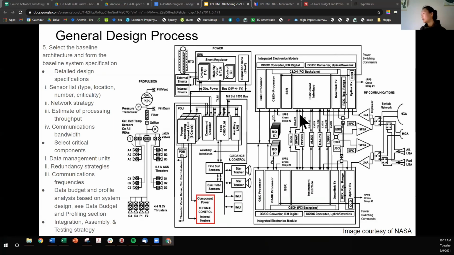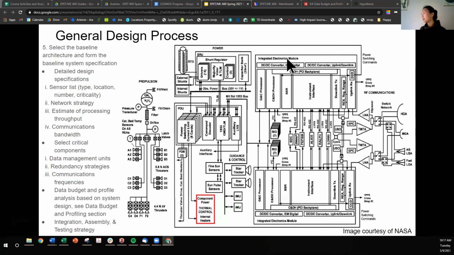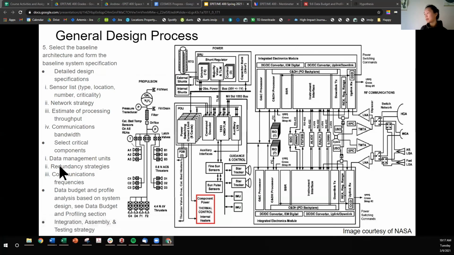There's going to be processors. There's going to be some interface with the communications subsystem, which is physically here. But yeah, this integrated electronics module has the processing, has the interfacing with all the other subsystems. Yeah, that's all I want.